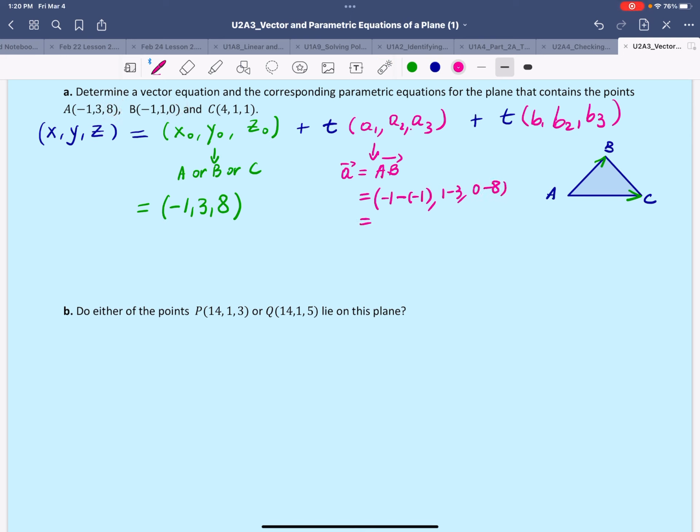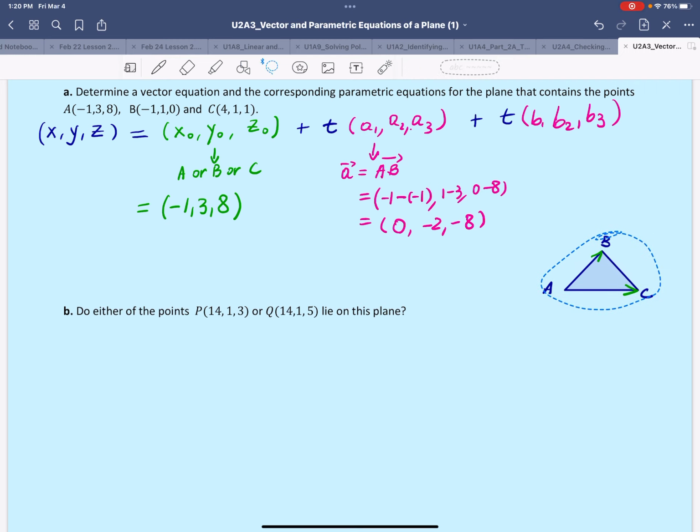So a would be -1 minus -1 is 0, 1 minus 3 is -2, 0 minus 8 is -8. For the next vector, I'm going to choose, for example, vector BC, which we're going to call our direction vector b.